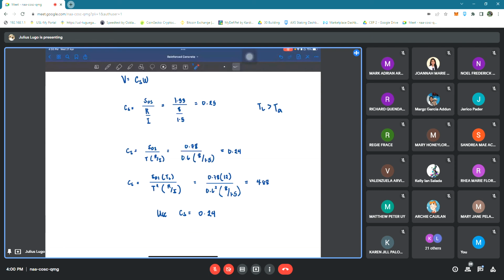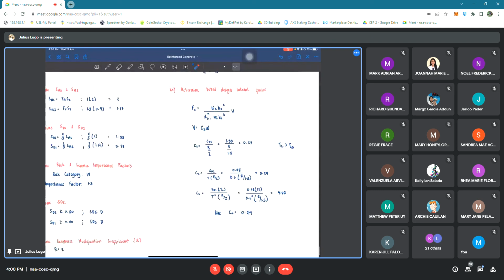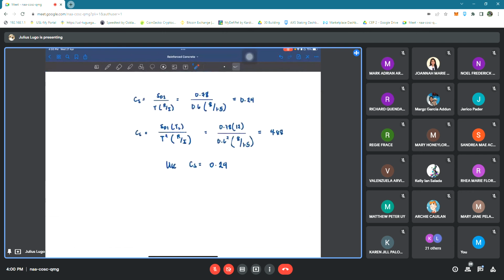Okay, we're down to our last computation. We can now determine our base shear. That is equal to CS multiplied by your W. So V is equal to CSW, or 0.24 multiplied by the weight.